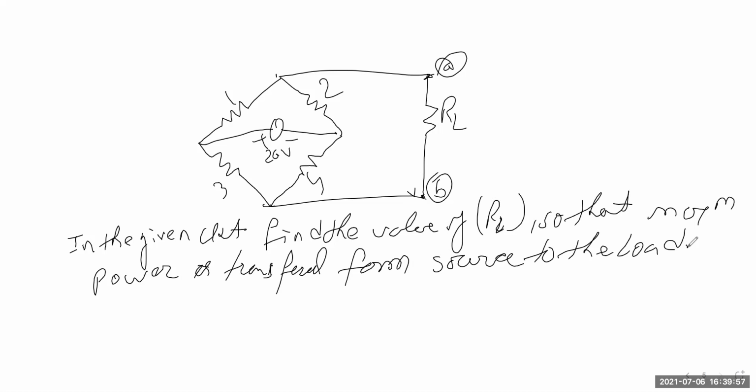Okay, this is the question. This is your 20 volt, with resistor values 1, 2, 3, 4, and we have to find your value of RL stated so that maximum power is transferred from source to the load.